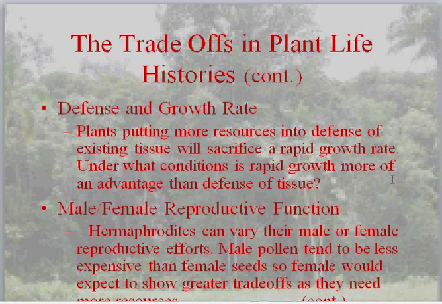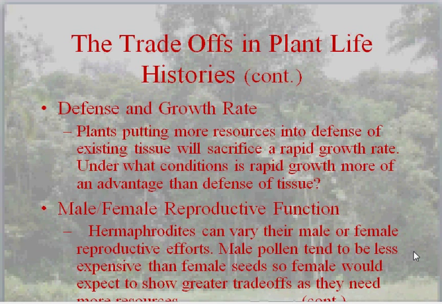Male-female reproductive functions. Now it's been shown that males have less of a reproductive commitment than females. So females will need to invest a lot more in reproduction than males. Most plants are hermaphrodites, which means they have both male and female parts to their flowers.